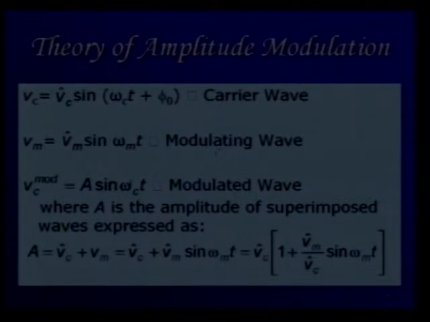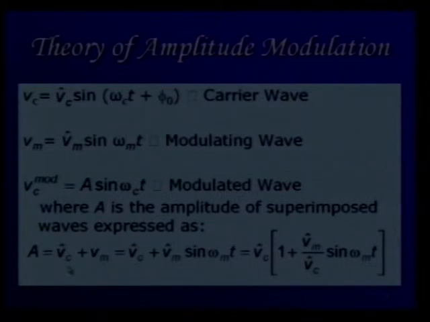Then Vc mod, the carrier modulated, is some amplitude A times sin omega c t, and it is the modulated wave where A is the amplitude of the superimposed waves, which we can express as amplitude A equal to Vc cap plus Vm.